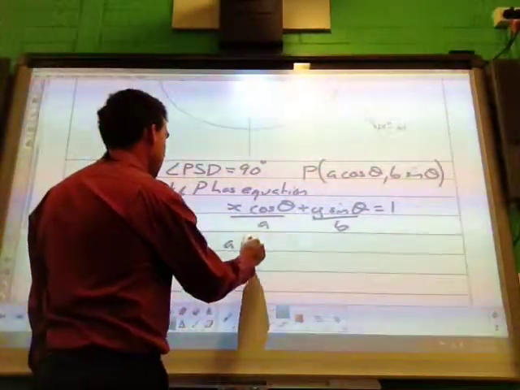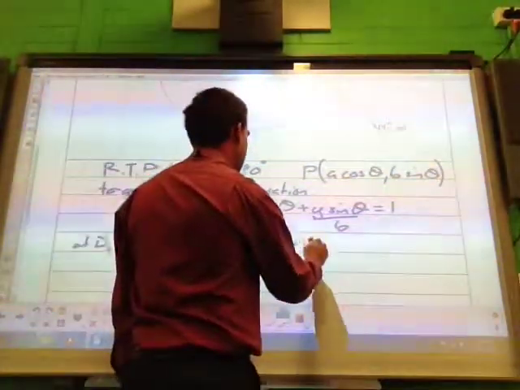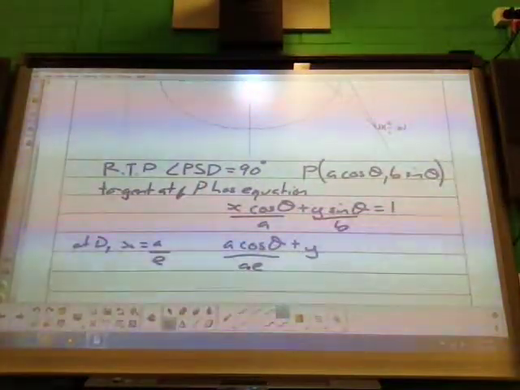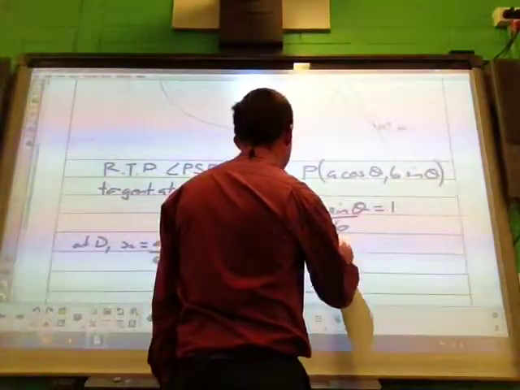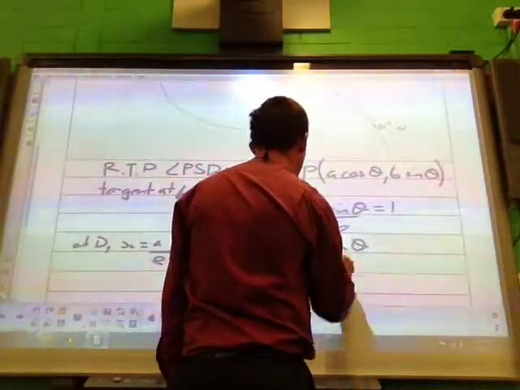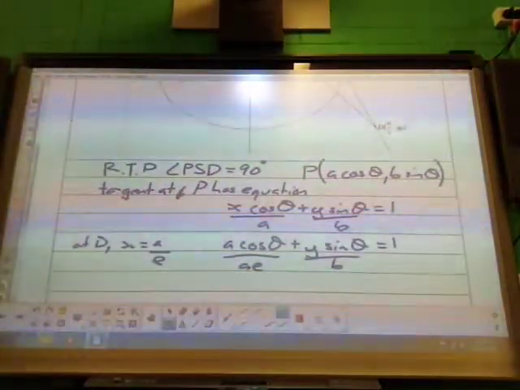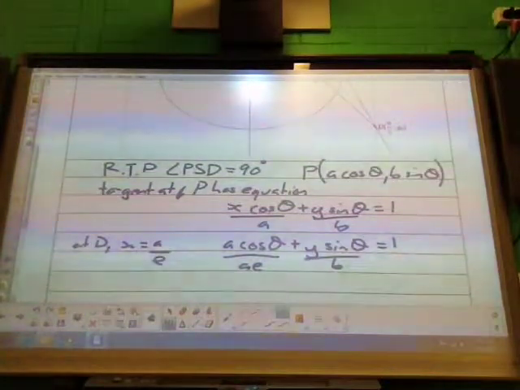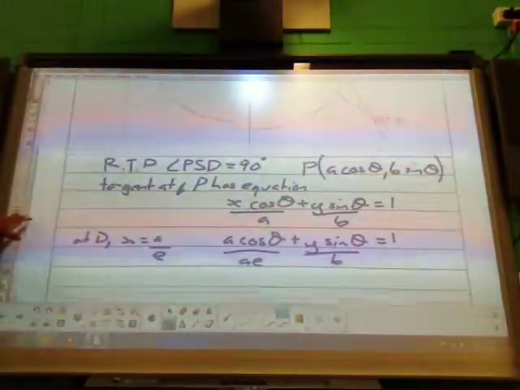So a cos theta over ae plus y sin theta over b is 1. Okay, so what we're really doing is finding the y value at the point D. We know the x value, we know the line it goes through, so we're going to get the corresponding y value.